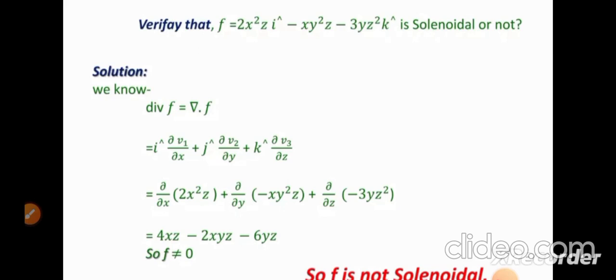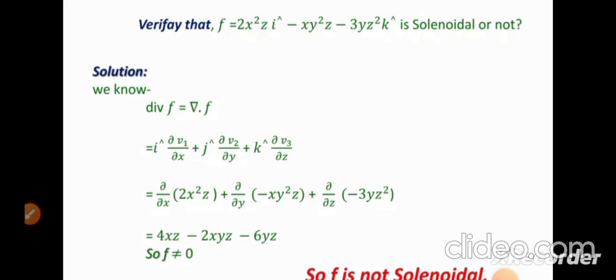When we differentiate y square, we will be getting minus 2xyz. Next, differentiate minus 3y z square with respect to z. When we differentiate z square, we will be getting minus 6yz.